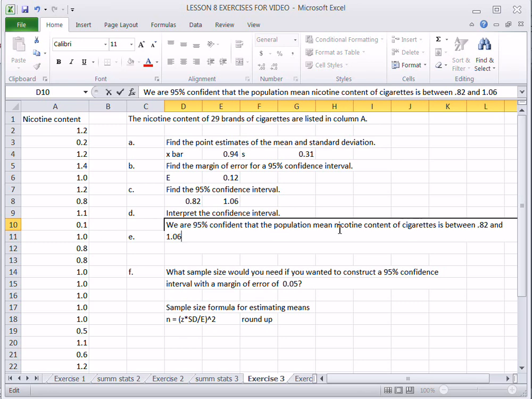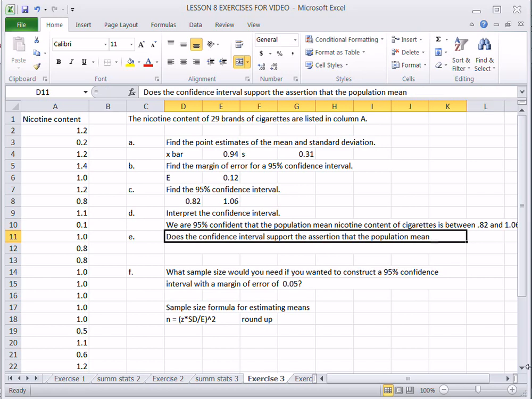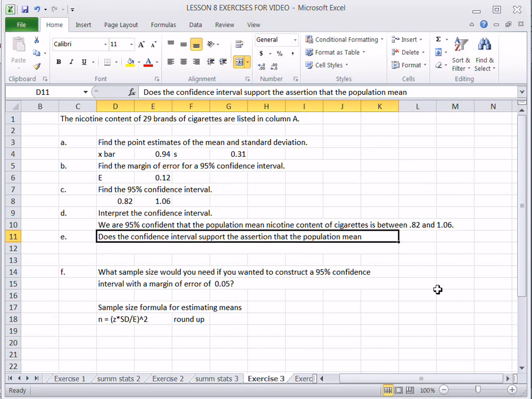I don't even know what the units are, so I guess that's it. So we're 95% confident that the population mean nicotine content of cigarettes is between 0.82 and 1.06.